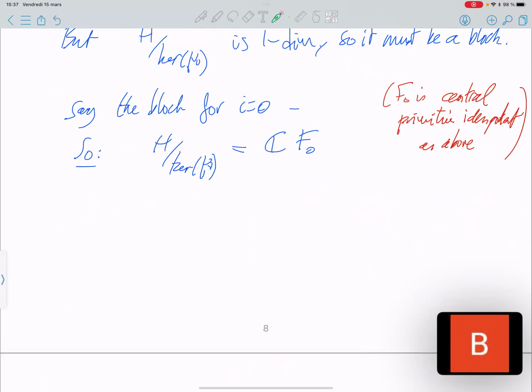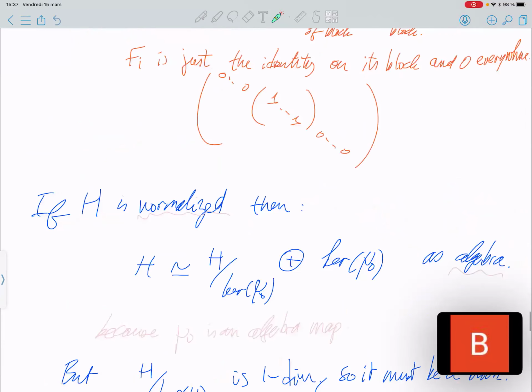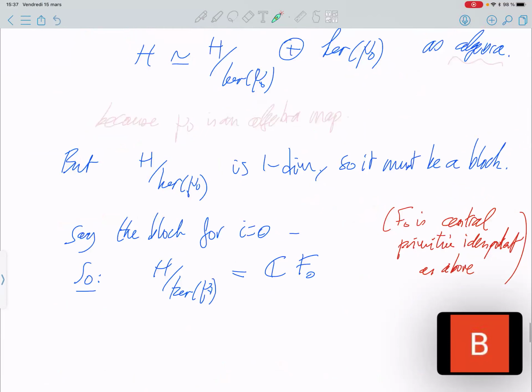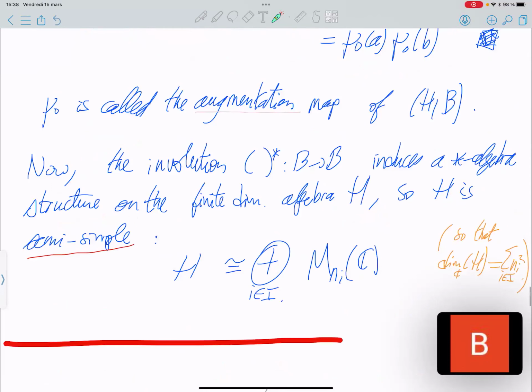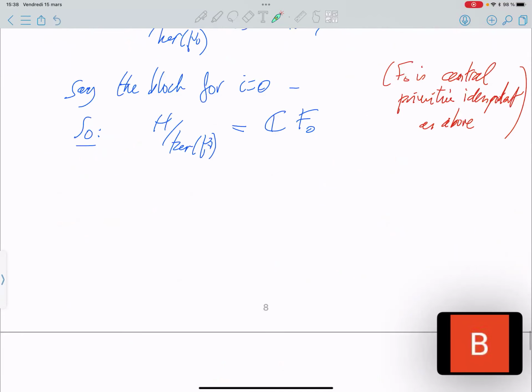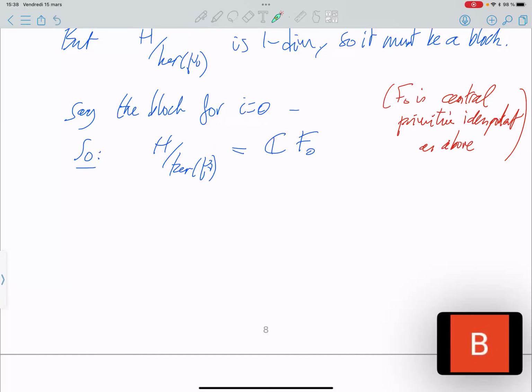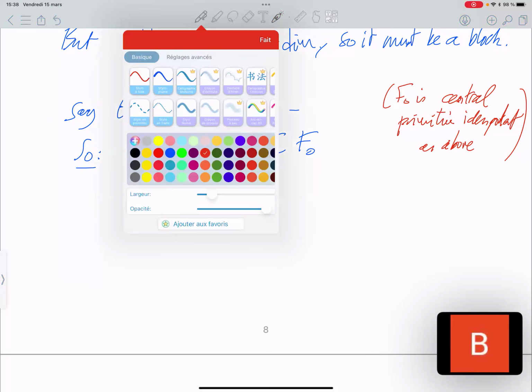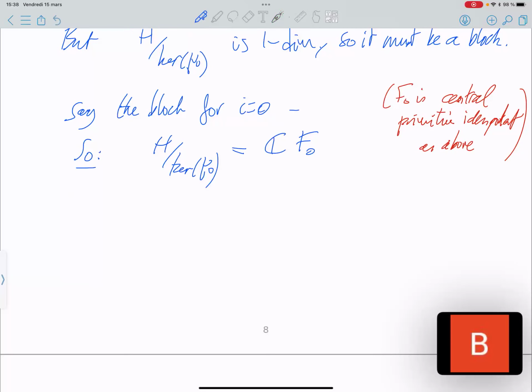But if you're not so familiar with that, it makes little sense to say let F0 be the primitive central idempotent corresponding to mu0. That requires some more explanation, so I gave this explanation here.